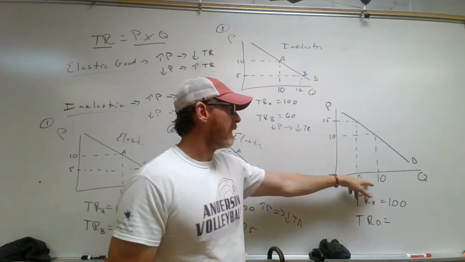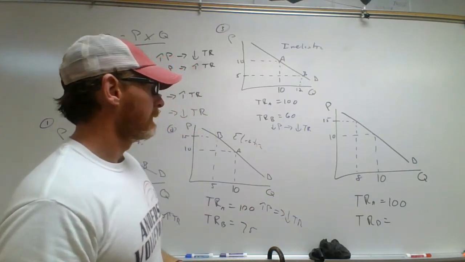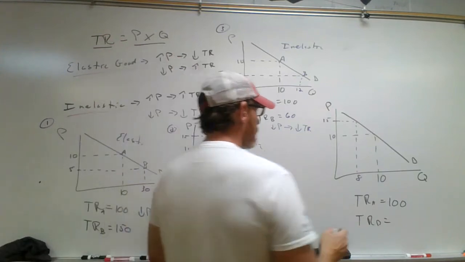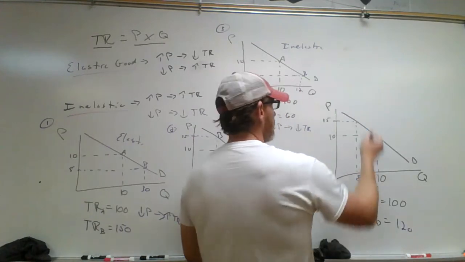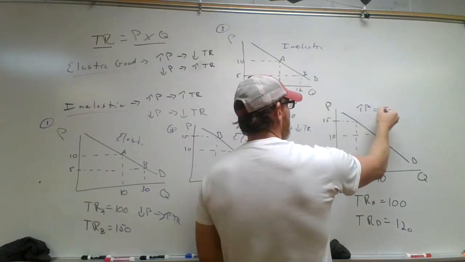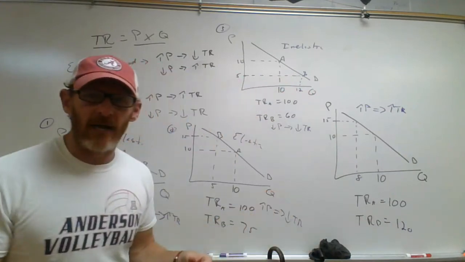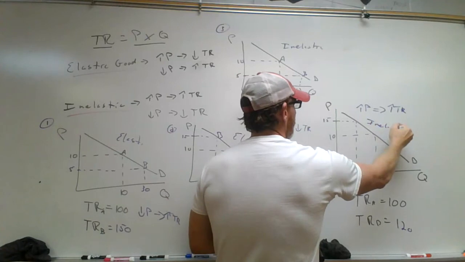The change in quantity here is much less. So 15 times 8 is 120. So you can see we raised the price and it led to an increase in total revenue. And if we raise the price and total revenue goes up, it is an inelastic good.